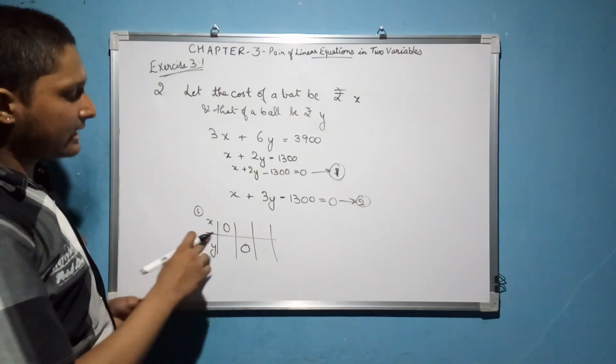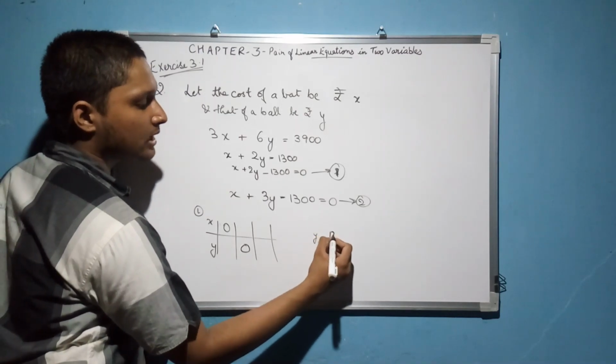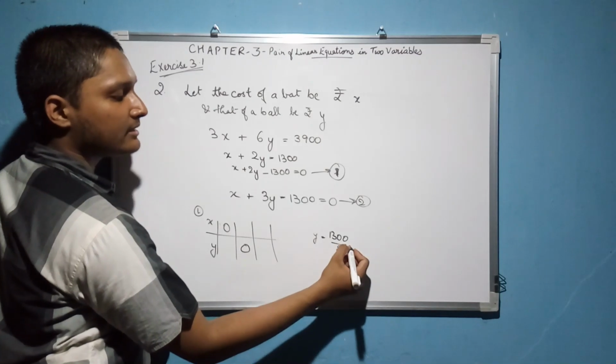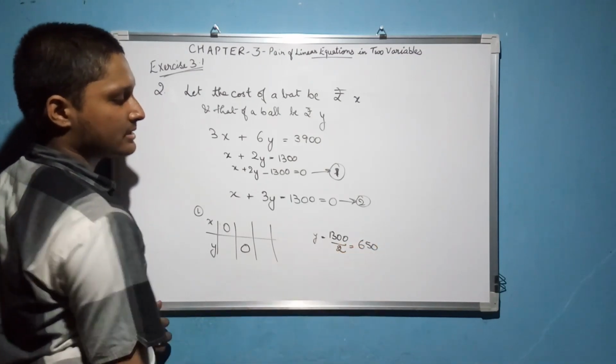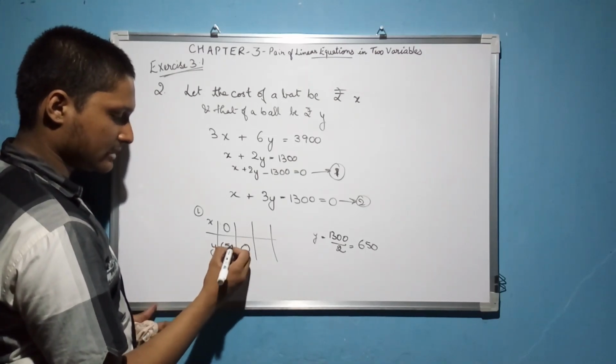So if I take x to be 0, I'll get y equal to 1300 divided by 2, that is 650.